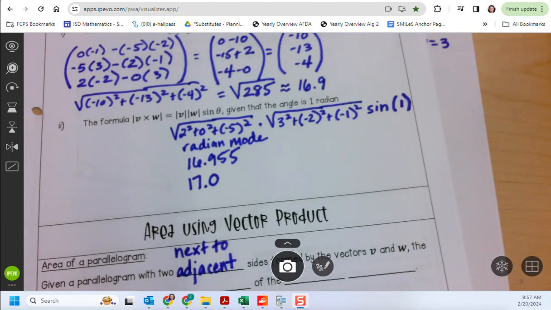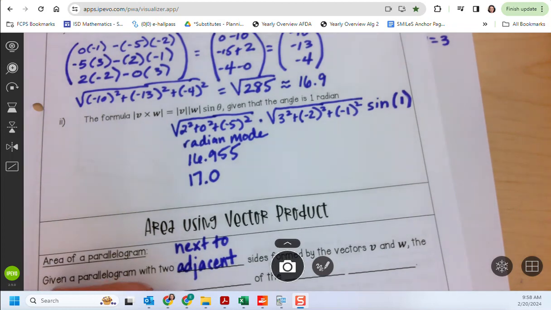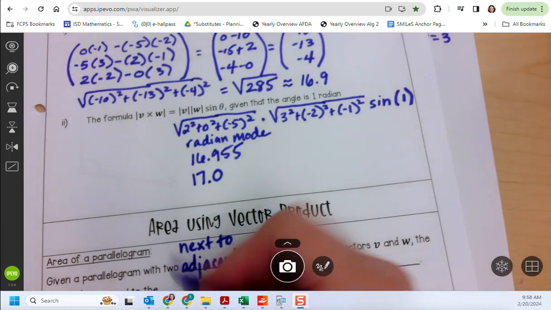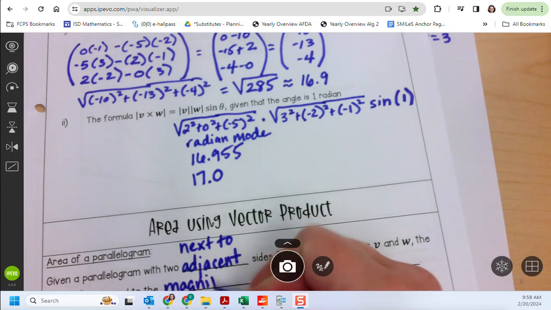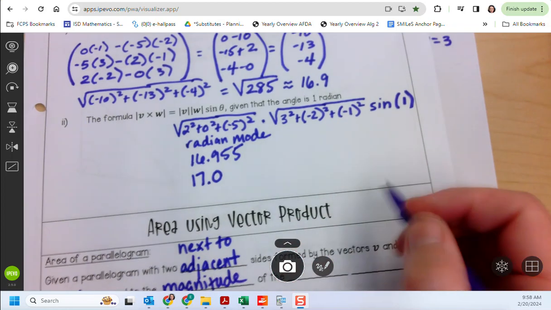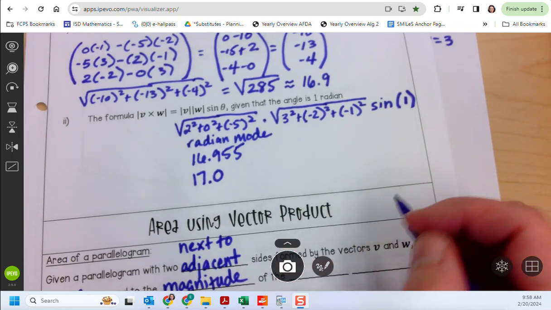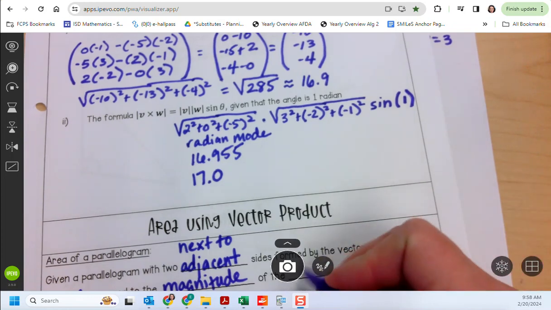So a parallelogram with two adjacent sides formed by vectors v and w, the area is equal to the magnitude of the vector product, which is like what we just did. So if you did the warm-up, you know how to find the area of a parallelogram from its adjacent vectors.